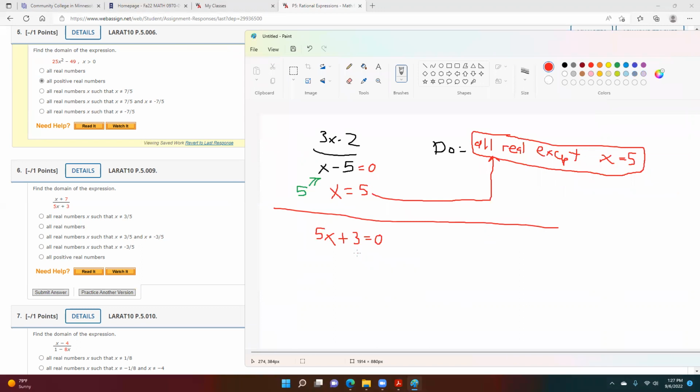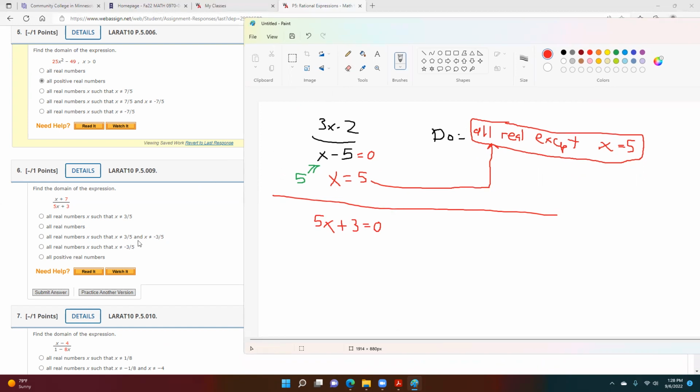So you minus 3. So you get 5x equals negative 3. And then you divide both sides by what? By 5. So solving for this, x equals negative 3 over 5.